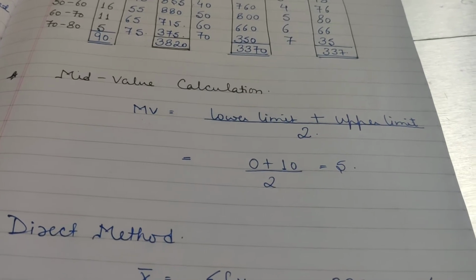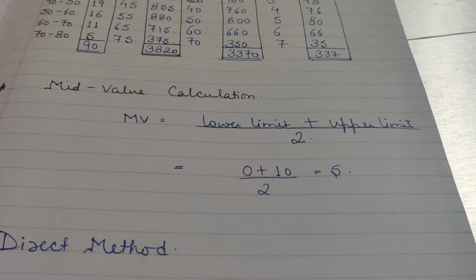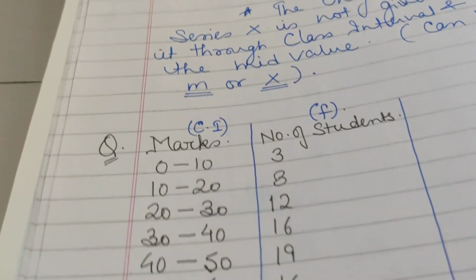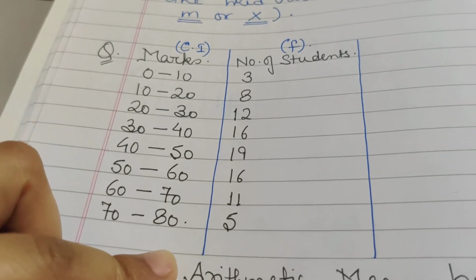For the calculation of mid value, your formula is (lower limit plus upper limit) divided by 2. Now children, these are your lower limits and these are your upper limits.